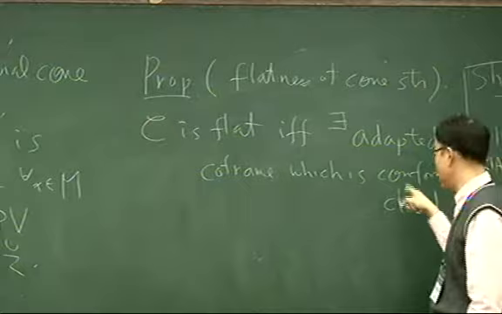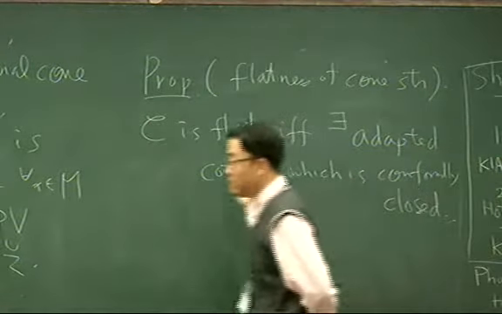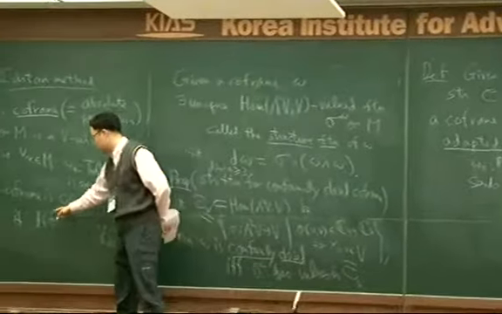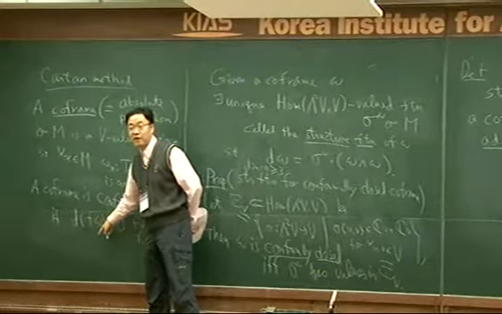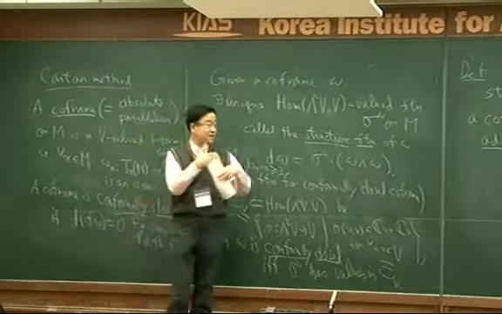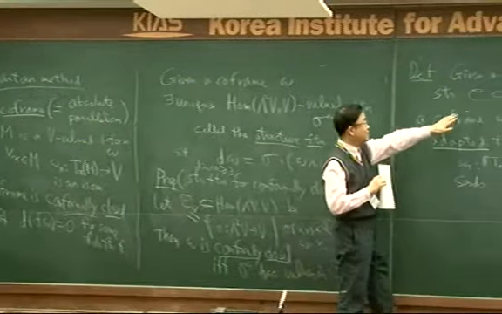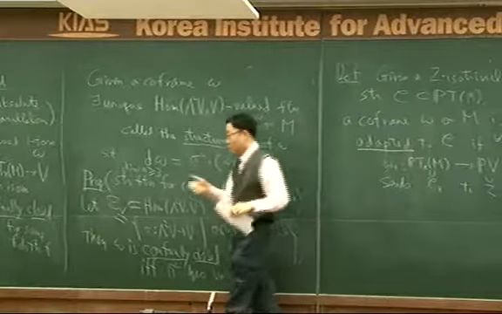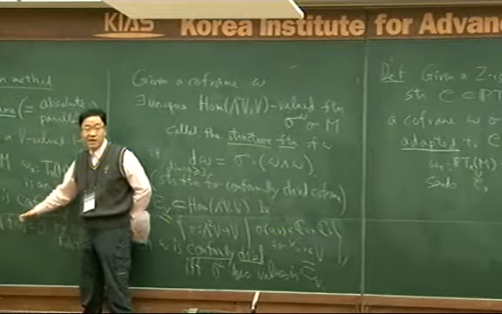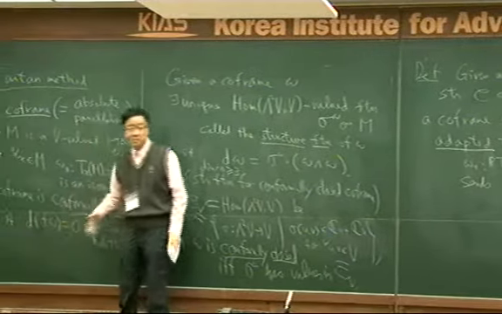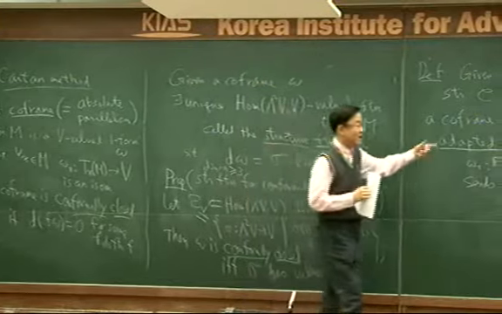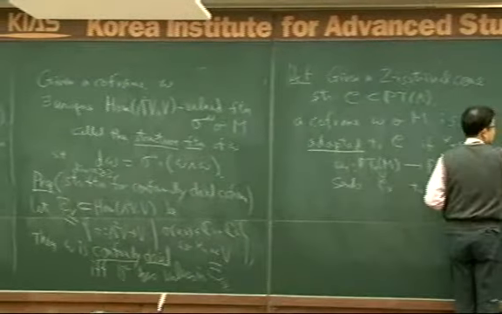By rescaling, you can make it a closed co-frame, but it's still adapted because the adaptation is for the projectivization. So if you multiply the co-frame by some function, it's still an adapted co-frame. And if it's closed, it means that it's flat by the Poincaré lemma.